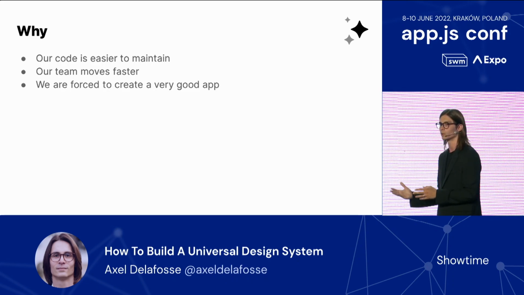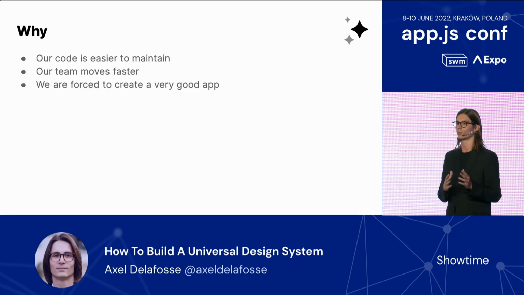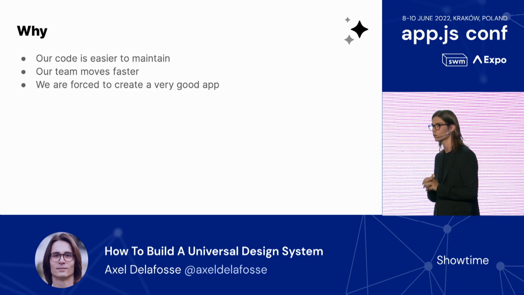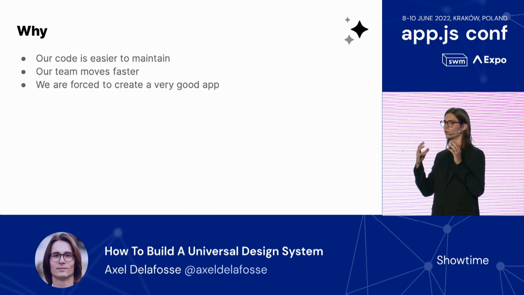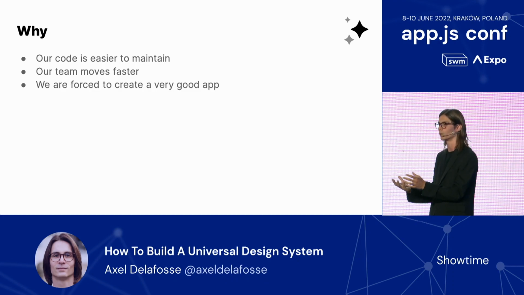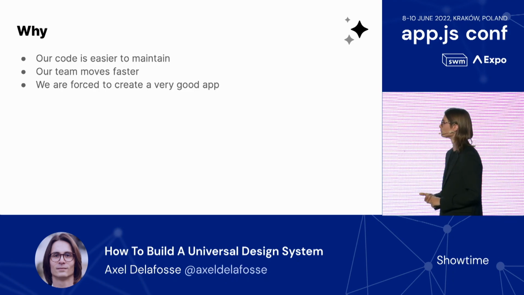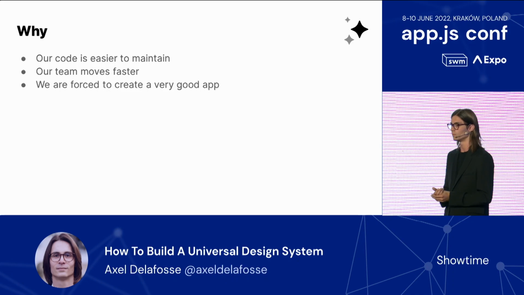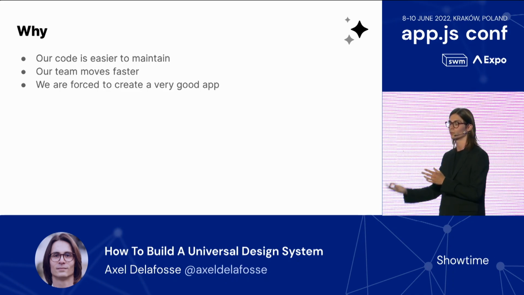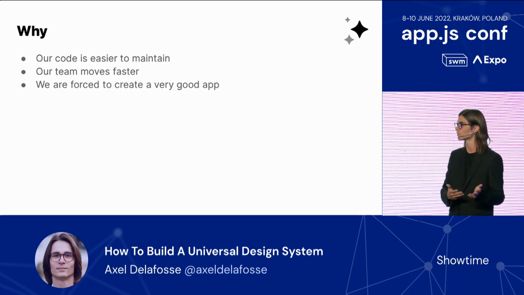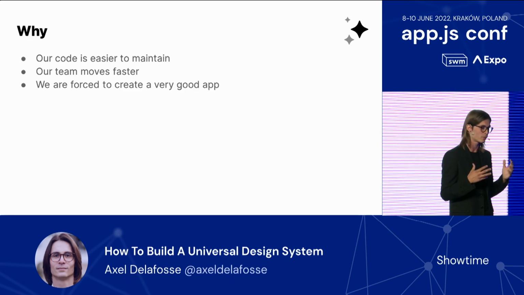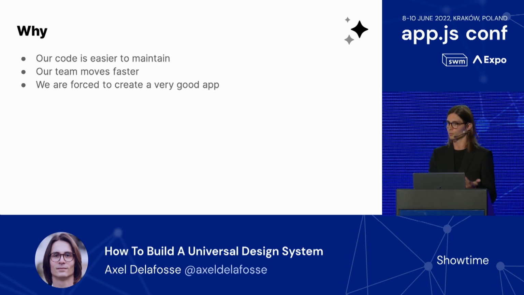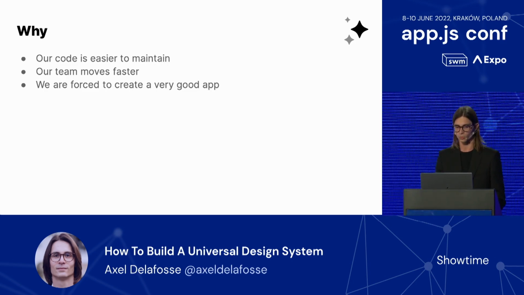When you build for multiple sizes and multiple platforms, you are forced to really think deeply about the UI components and also the user experience you are creating. And the more time you invest in your iOS app, for example, you will eventually make it better on web too. So it's really forcing you to go deep in what it takes to create a good app.